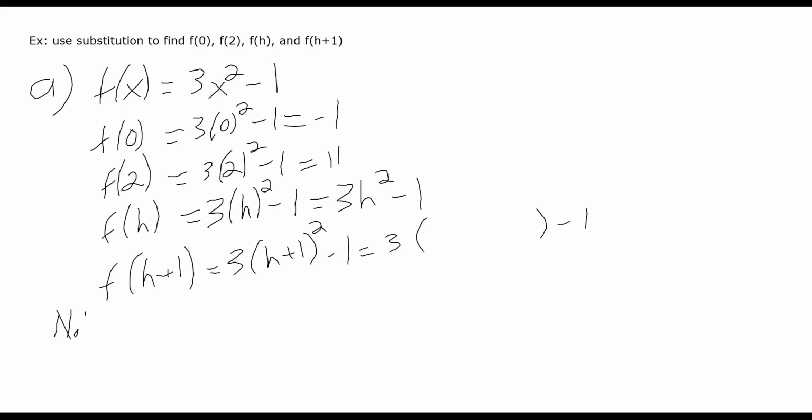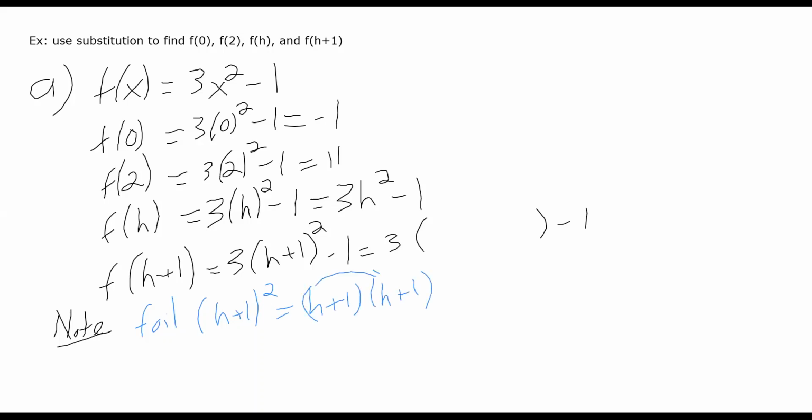A note here: FOIL (h plus 1) squared. So that's (h plus 1)(h plus 1), right?